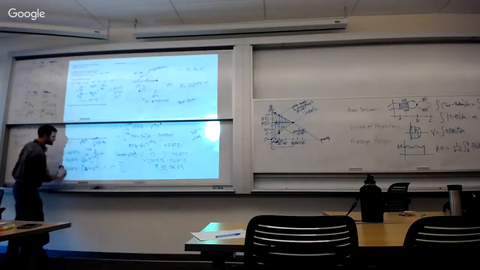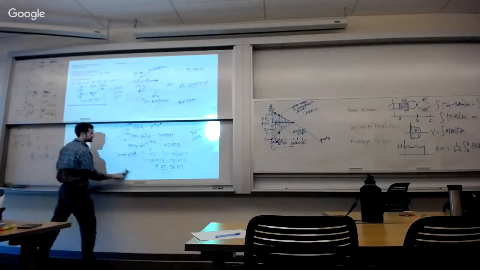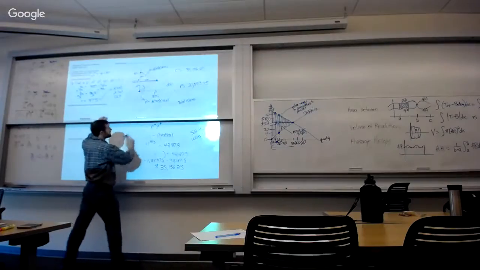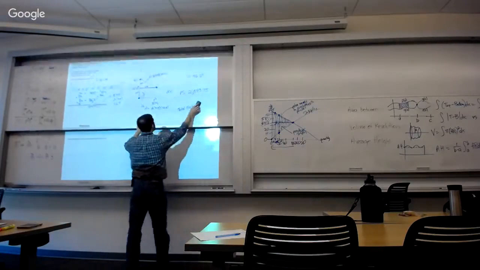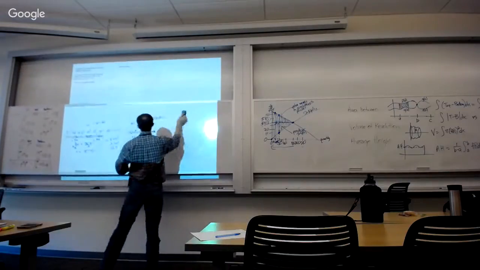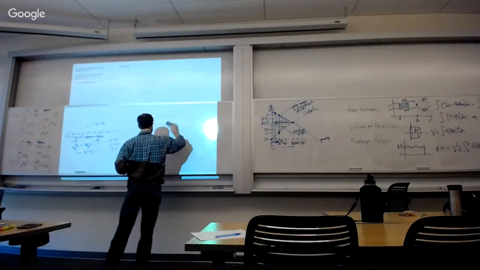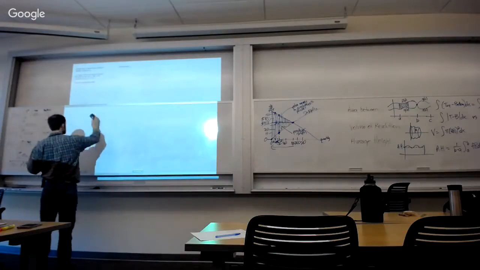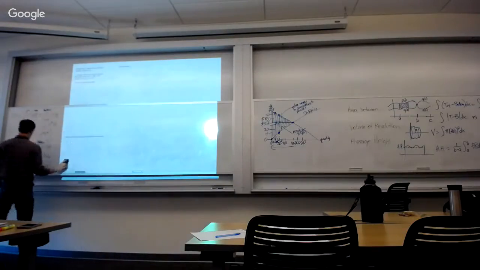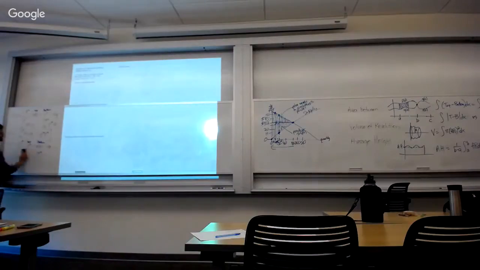That one was simple because the curves were linear. So let's try some where the curves are not linear. I'm going to erase all my derivations now and just keep the formula.